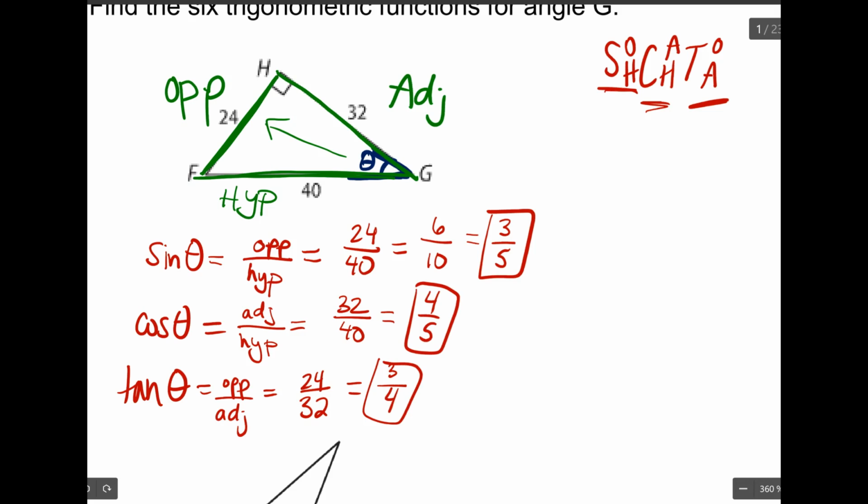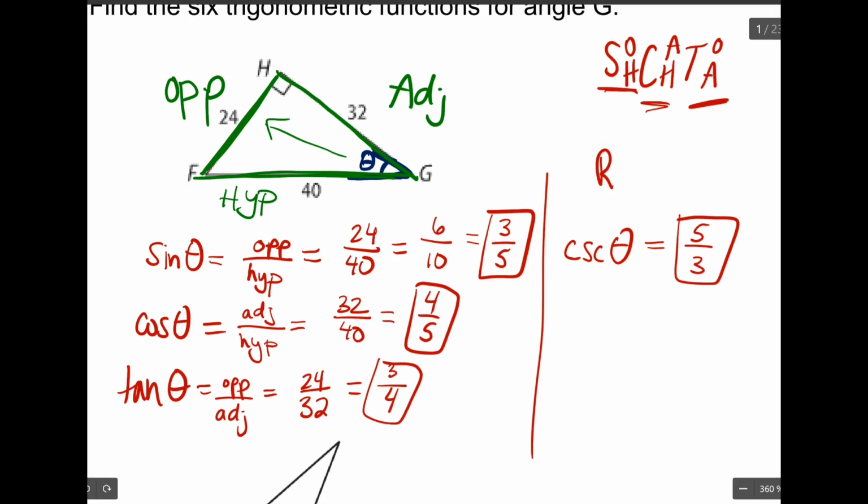So I have sine, cosine, and tangent, and now I have to figure out the other 3. Well, for the reciprocal functions, I just have to flip the fractions. So cosecant is the reciprocal of sine, so it's just going to be the reciprocal of the ratio that sine was. Reciprocals, okay.